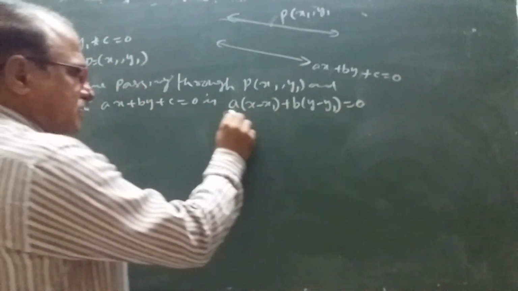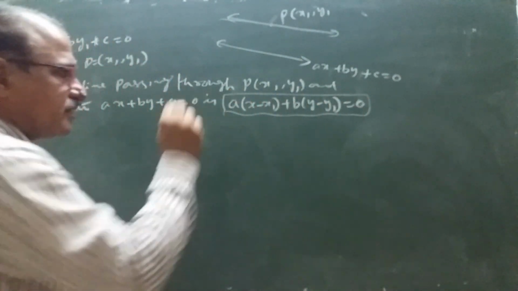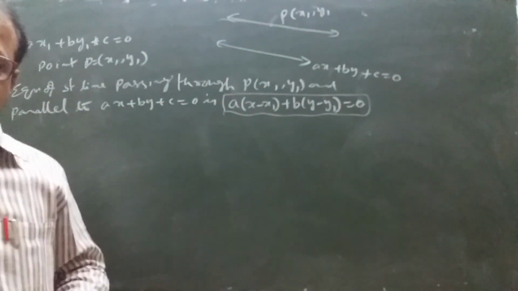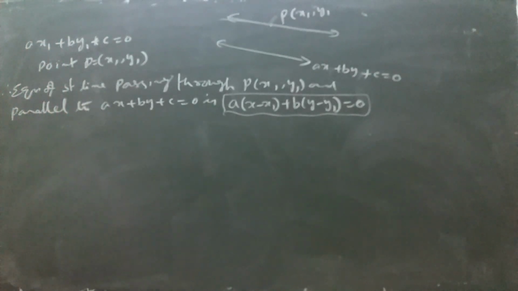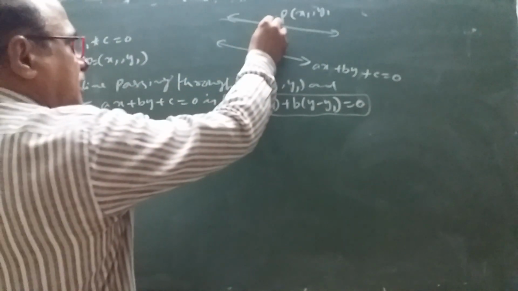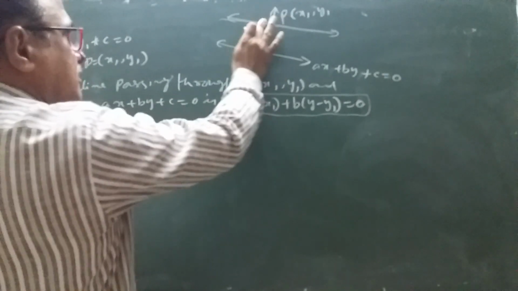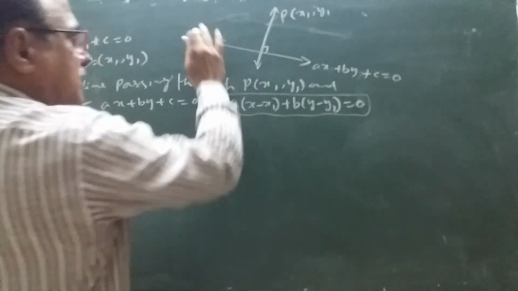By using this formula, we can find the parallel straight line to the given line and passing through a given point. Similarly, we can find the perpendicular line also, which is passing through P(x1, y1) and perpendicular to the given line.